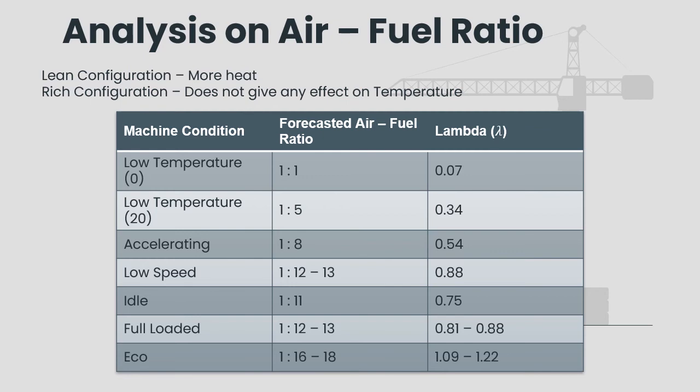Thus, adjusting the carburetor to a rich condition can make the engine closer to the stoichiometric condition. This may answer why the experiment shows more efficiency on the rich configuration. Lastly, the eco condition is when lambda reaches above 1, which is actually a lean condition, but the reaction of the car would be slower.